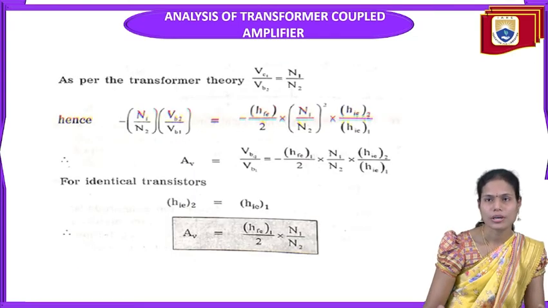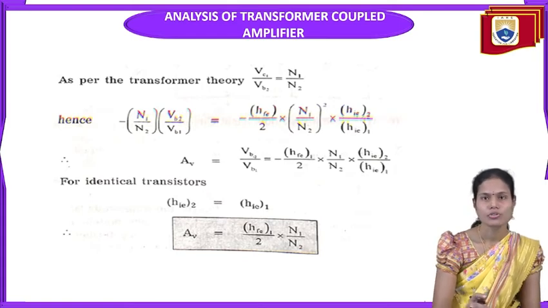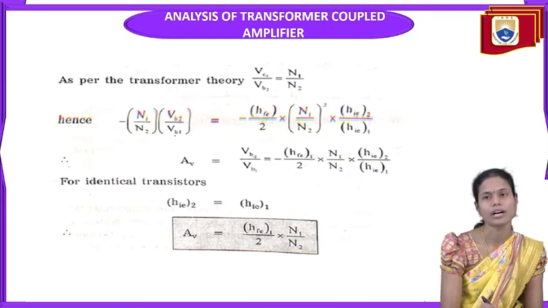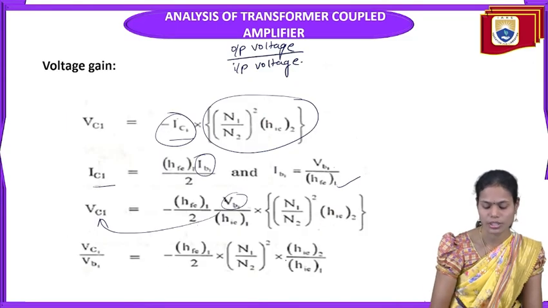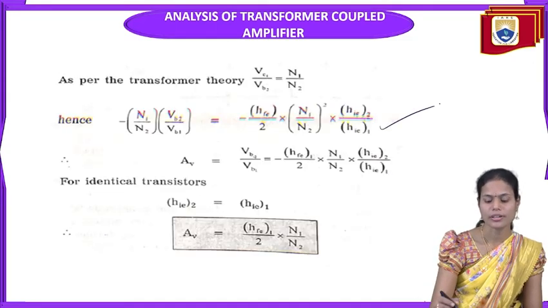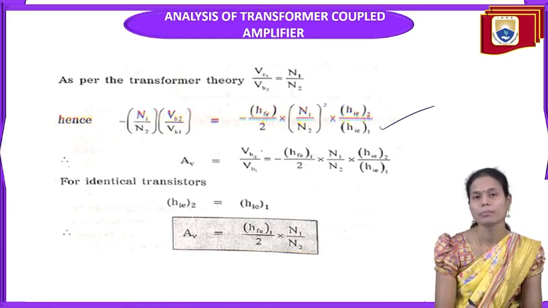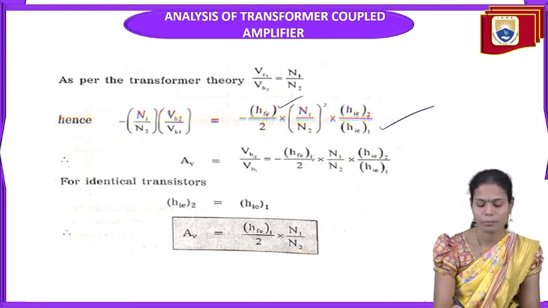As per the transformer theory, the turns ratio N1 by N2 is equal to VC1 by VB2, that is V1 by V2. Hence we can write minus N1 by N2 into VB2 by VB1 equal to minus hfe1 by 2, the previous total equation, with the right side written as it is. So the voltage gain AV, which is output voltage VB2 by input voltage VB1, is equal to minus hfe1 by 2 into N1 by N2 into hie2 divided by hie1.